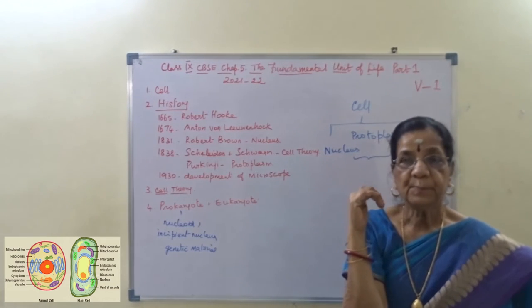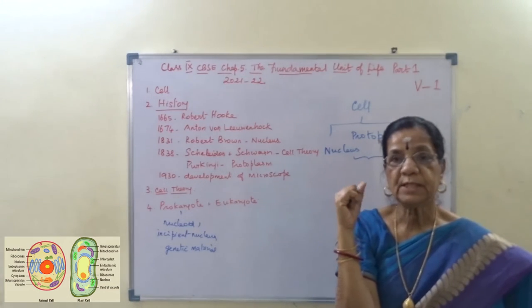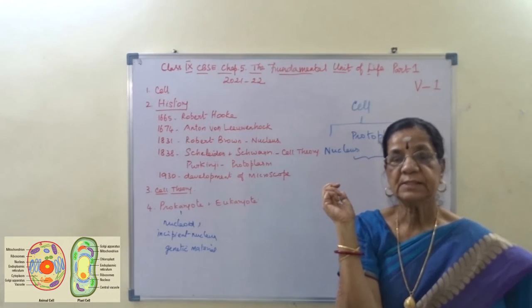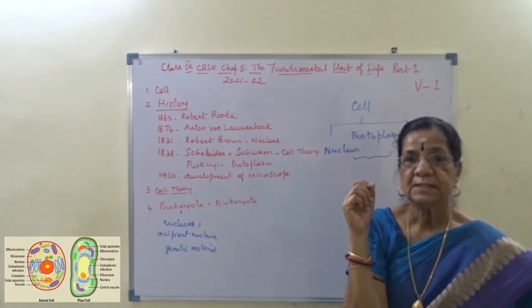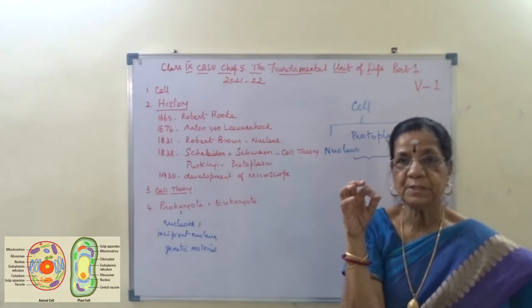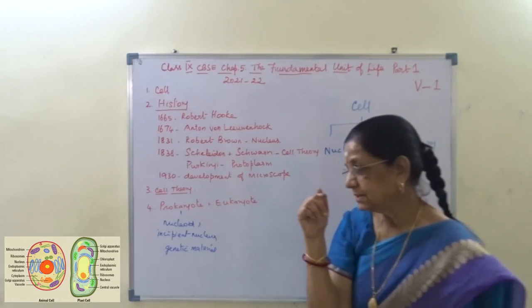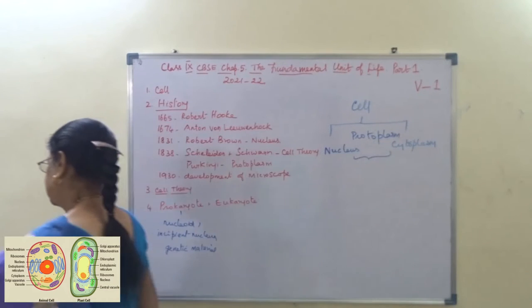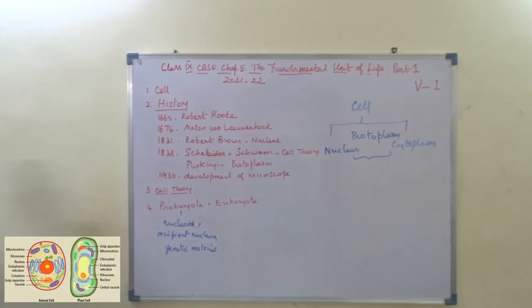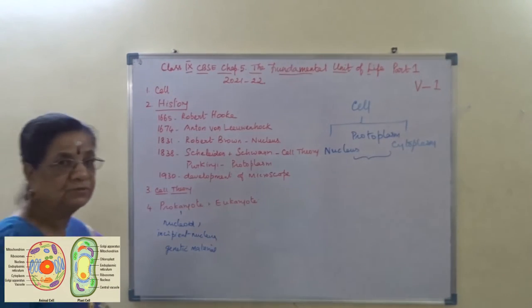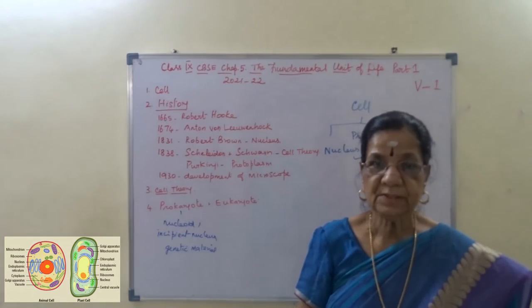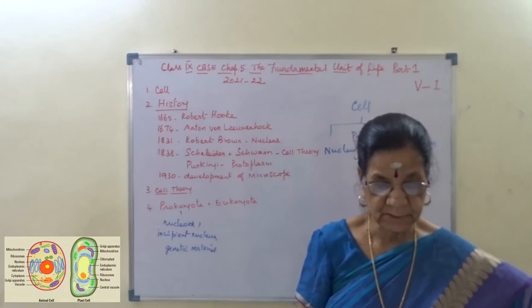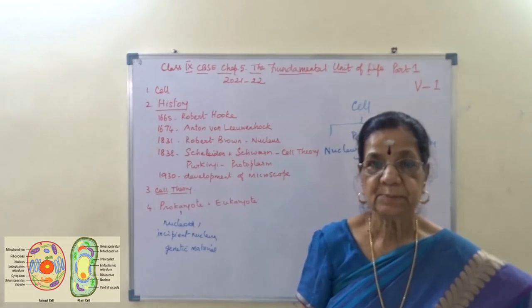That is the major difference between prokaryotic and eukaryotic cells. Other cell structures such as ribosomes and cell membrane may be present in the prokaryotic cell. Now the difference between prokaryote and eukaryote: we studied this last year, and I gave it in the question bank. Just recollect it.